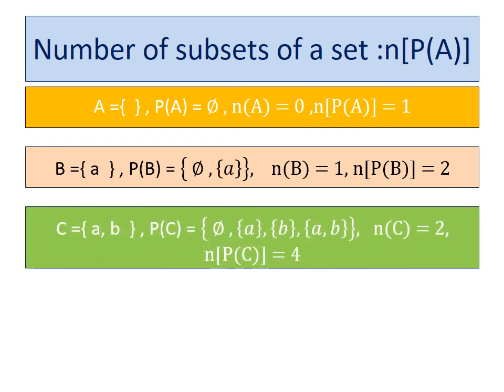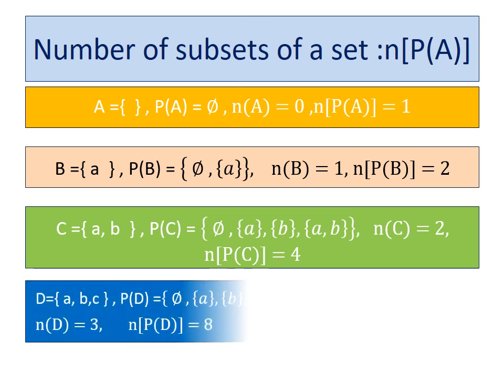Now let us increase another one. So C is a set which contains a, b. So power set C will be the set containing phi, {a}, {b}, {a, b}. So the number of elements in set C is 2 and the number of elements in power set C is equal to 4. Let us increase another one.